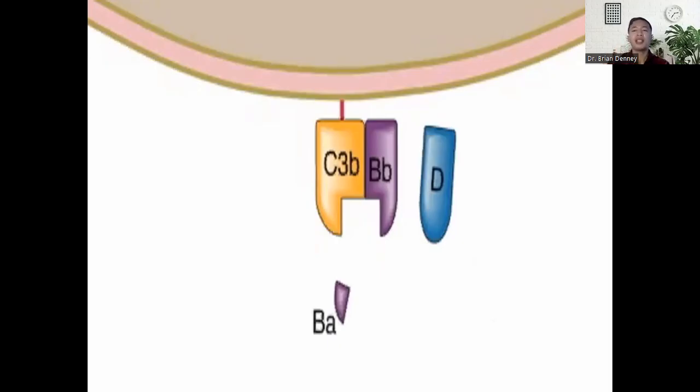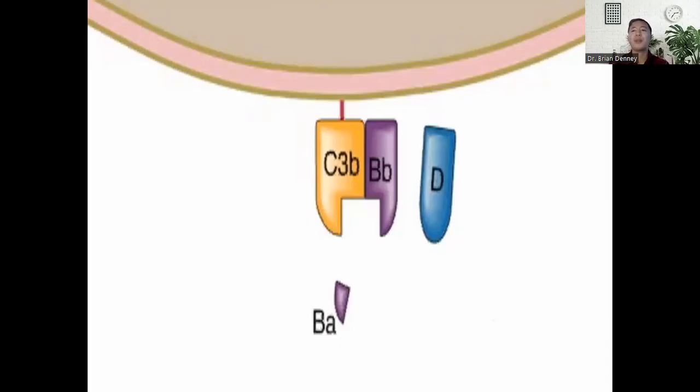The C3 convertase formed by C3bBb is actually very unstable, such that it could not cleave all the C3 found in the serum. And so it has to be stabilized by another complement protein for it to continue cleaving more and more C3 molecules. And what is that complement protein now?